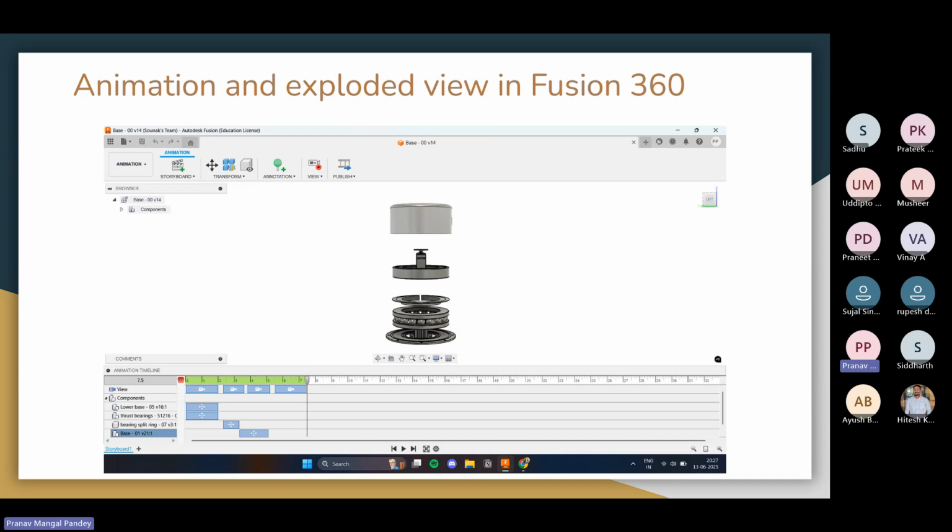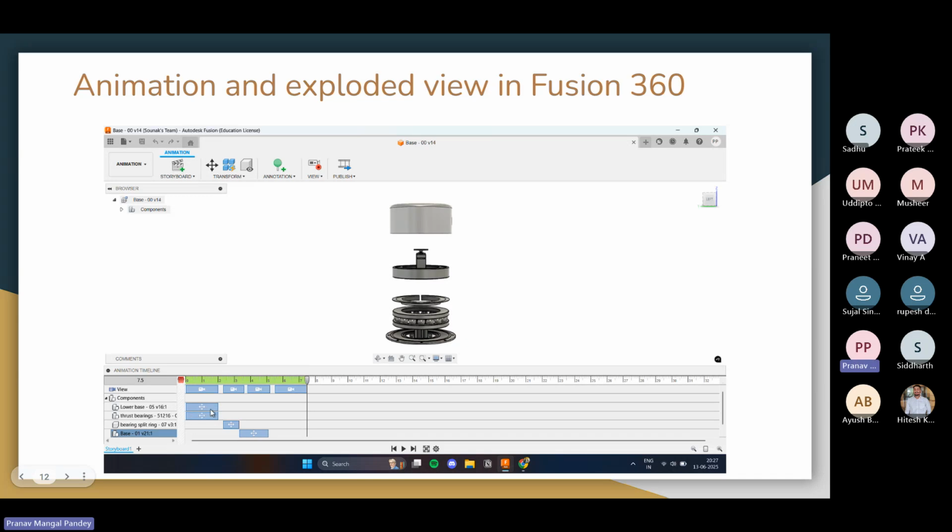You will get all those options when you right click on these parts. When you manually explode it, you will get an option to move that part. Once you move that part, an icon will be automatically generated, the one with the move icon. Such icons will be generated.